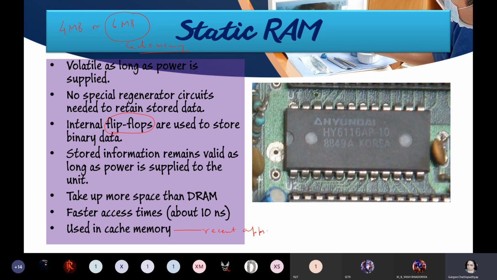But next time when you close it and switch to some other work, and then again open that same software, it will take very less time as compared to the first time. That is because it is stored in the cache memory. If not the whole application, then at least some part of the application will be stored in the cache memory. So because it is there in the cache memory, your application will open very fast.